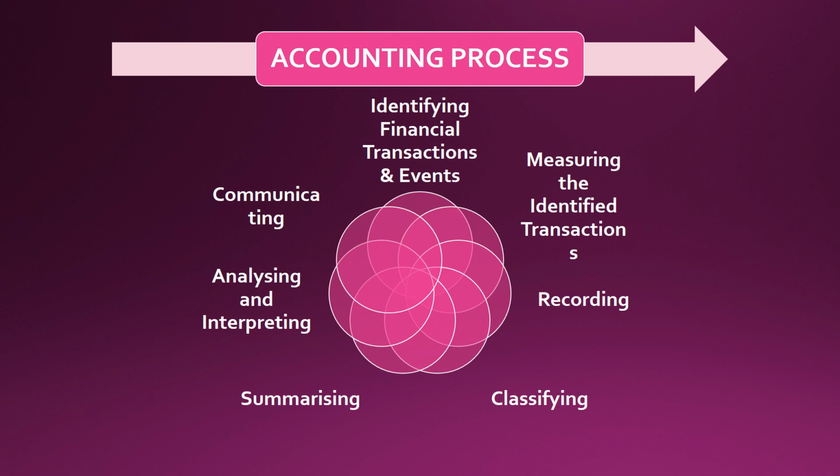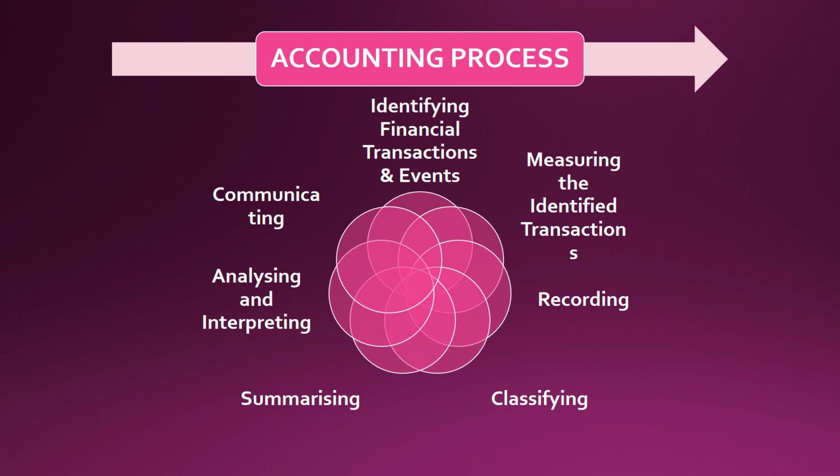Now, after recording, from the journals they are posted to the next one, the ledger. That step is called classifying, that is called classification. Classification is making the similar kind of transactions into different groups. Different groups are made and they are called accounts.